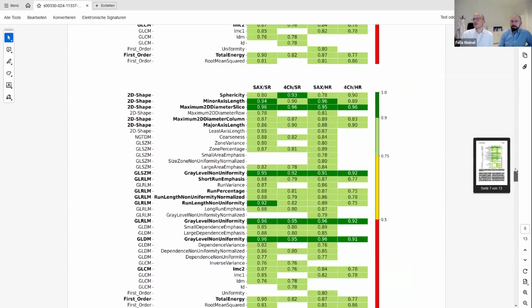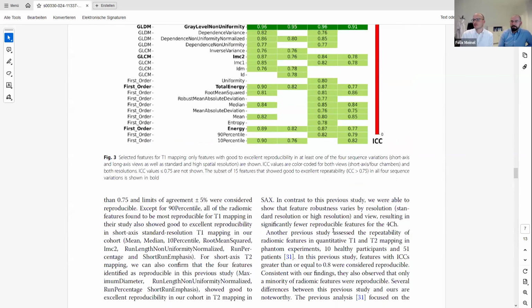So for example, we're discussing some papers here that, for myocarditis, use a combination of two radiomic features and show that the combination of those two is optimal to diagnose myocarditis. This is the paper by Bettina Bessler.